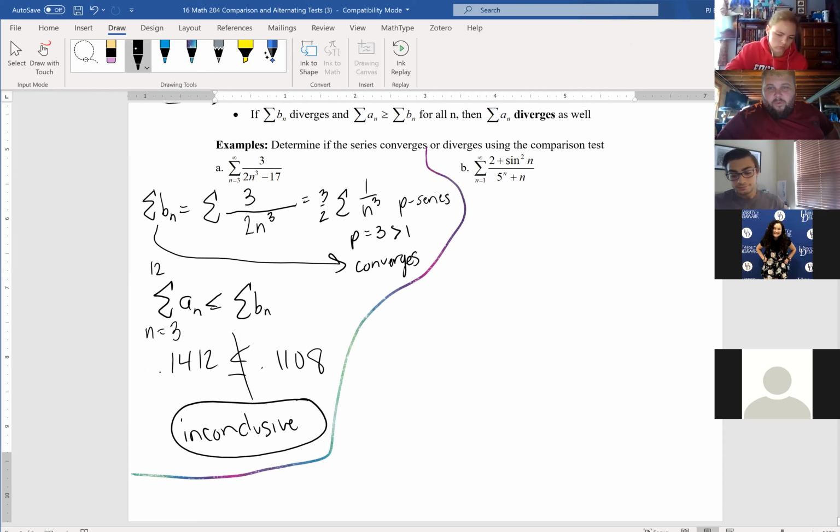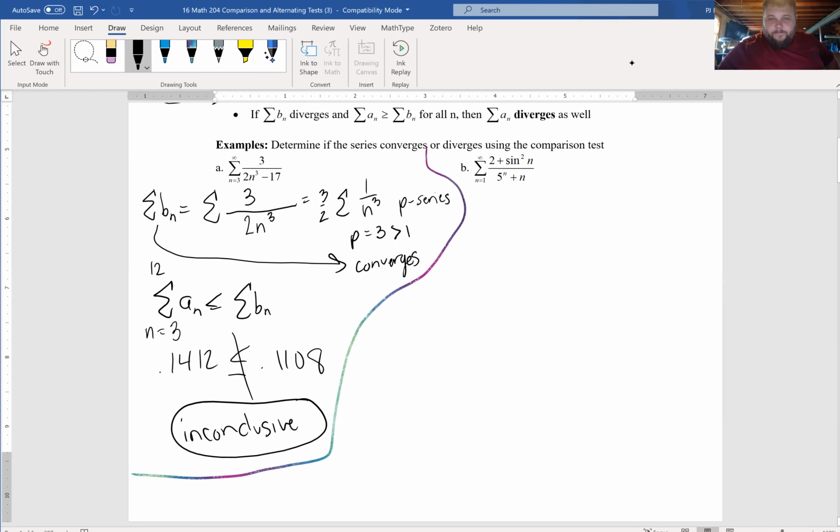All right, so I'll do one more of these for you, and I'll leave the last one for you. So this second one here, can you guys tell me what you would choose for B sub n? What are the dominant terms here?